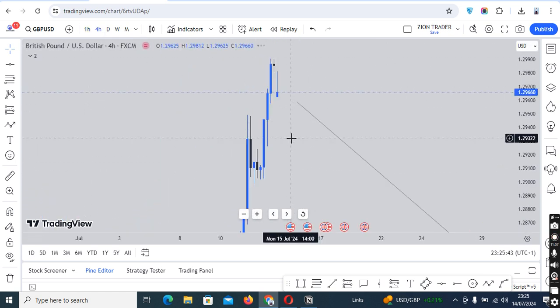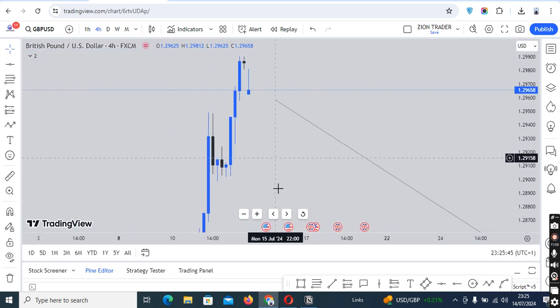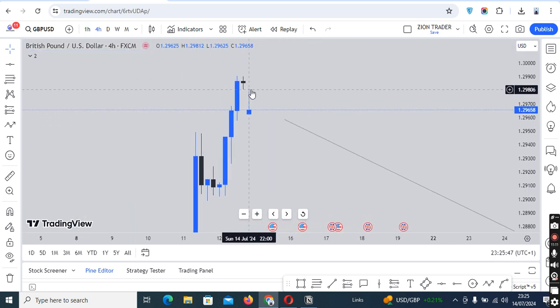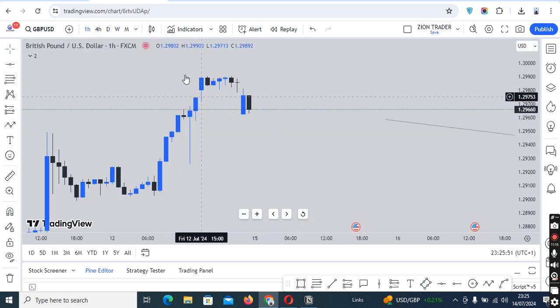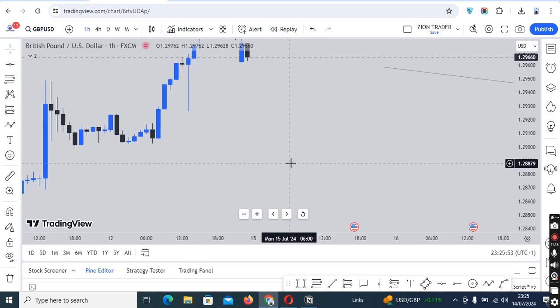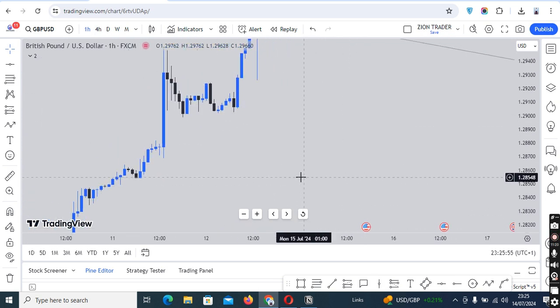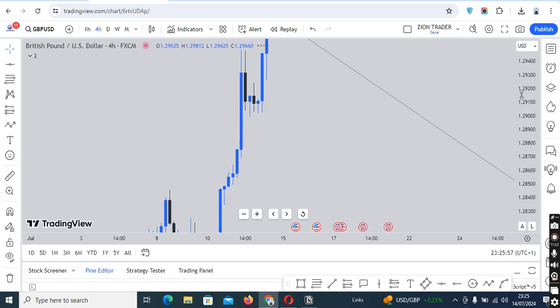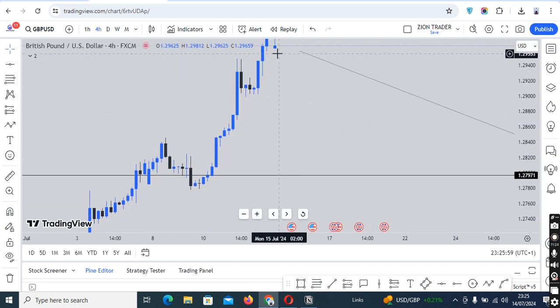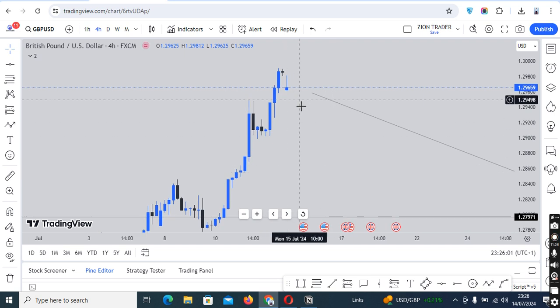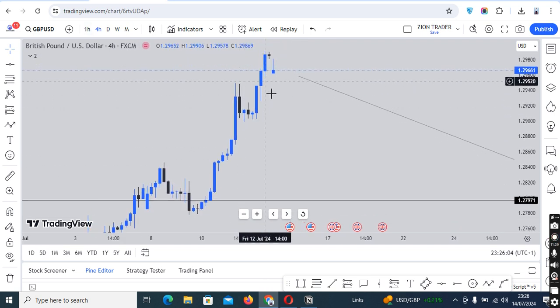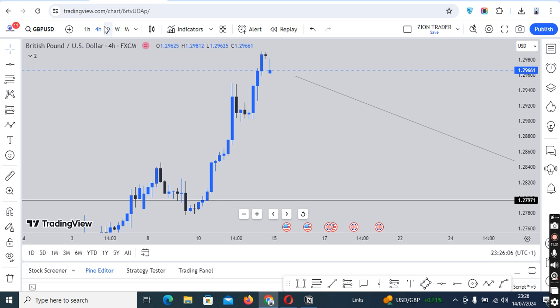So potentially when we see something like a change of character on the 4 hour time frame, or even on the 1 hour time frame, but mostly on the 4 hour time frame, then that retracement is going to happen. So if we get a change of character on the 4 hour time frame, that retracement is definitely going to happen, right? But if we don't get it, we'll just see continuation and all of that, right?